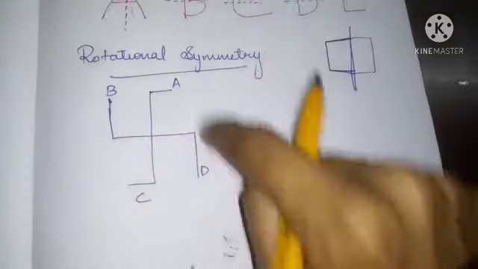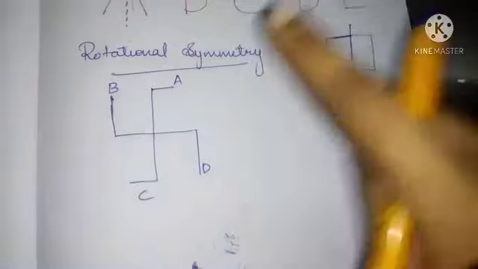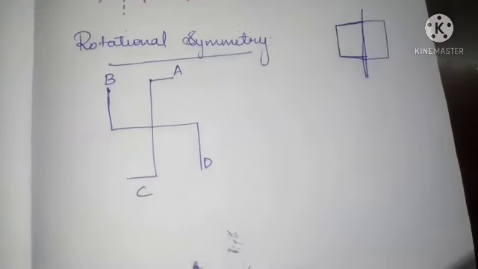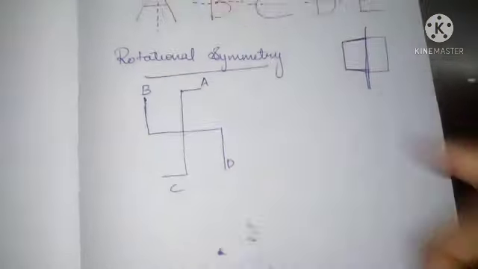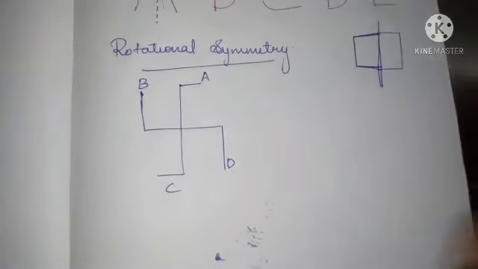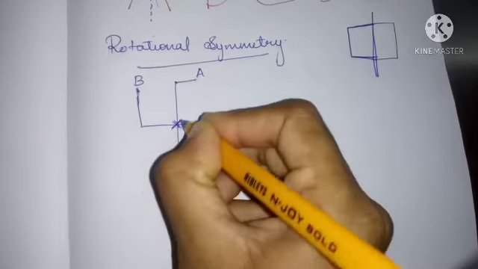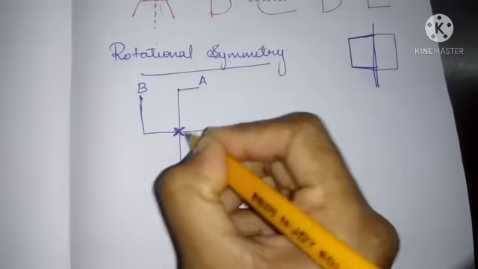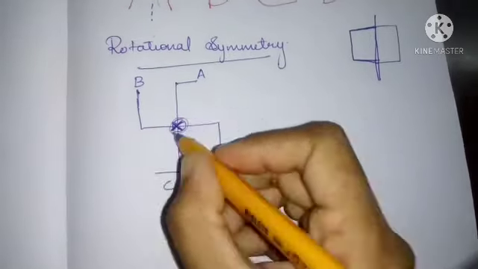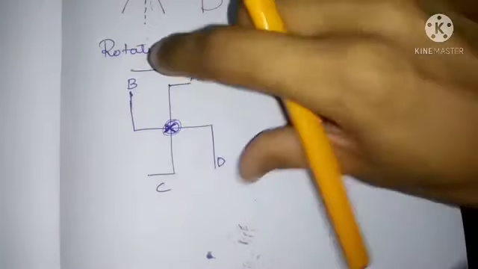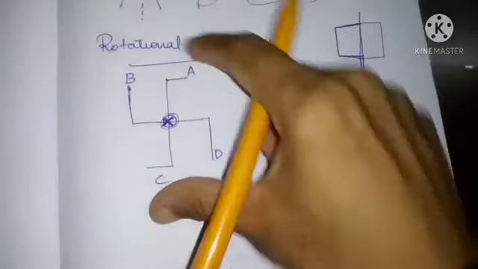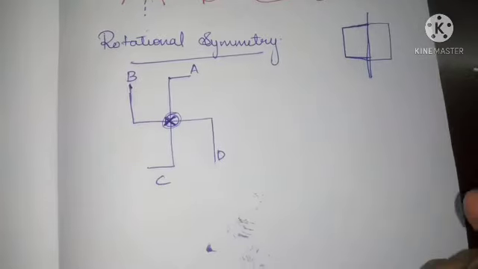After many rotations, I have to regain the same position. So the center of this figure is called the center of rotation. This is my center of rotation. Keeping this as the center only, I am going to rotate this figure. That is called the center of rotation.